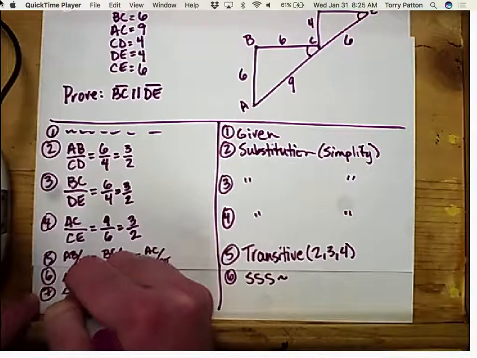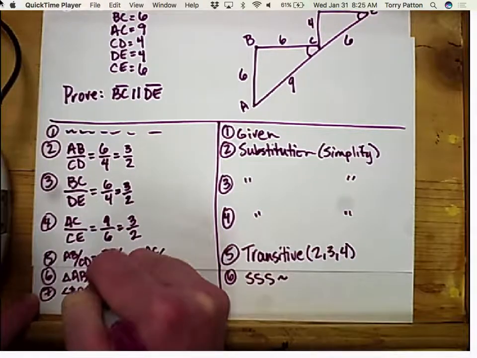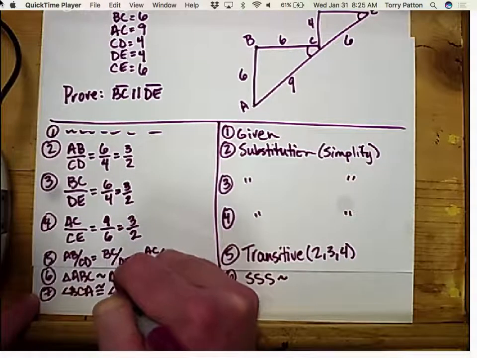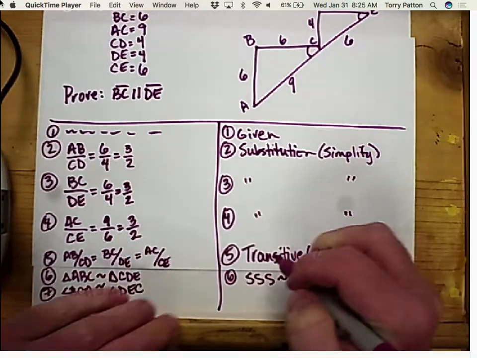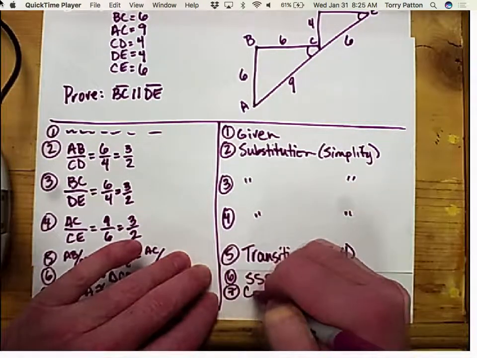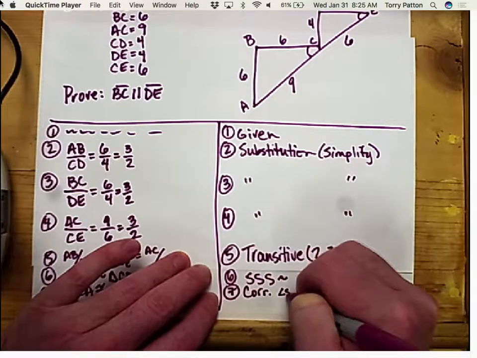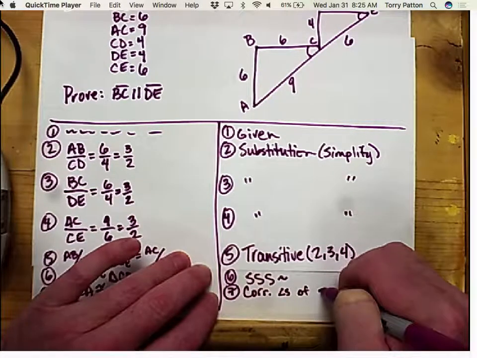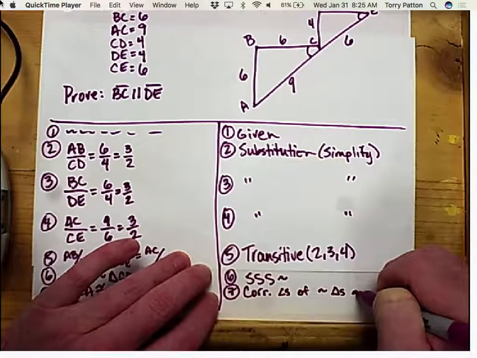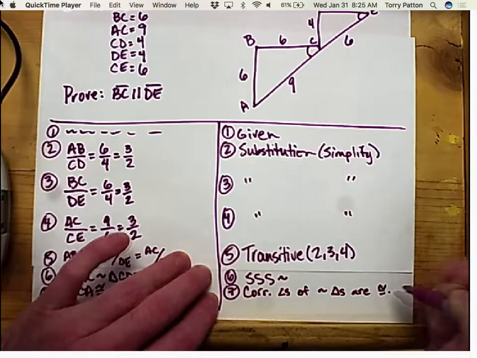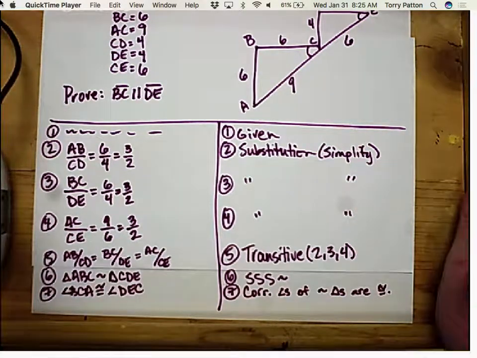Angle BCA is congruent to angle DEC. Now the reason is corresponding angles of similar triangles are congruent. You could have also just said definition of similar triangles. Because the definition of similar triangles says all sides are proportional, all angles are congruent.